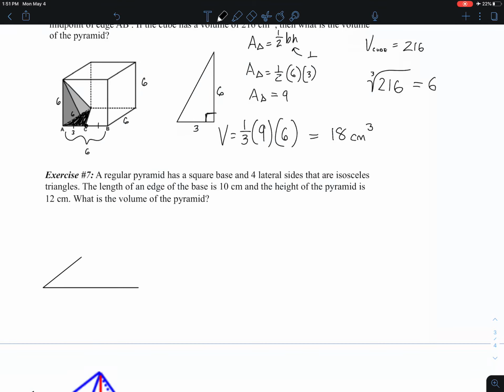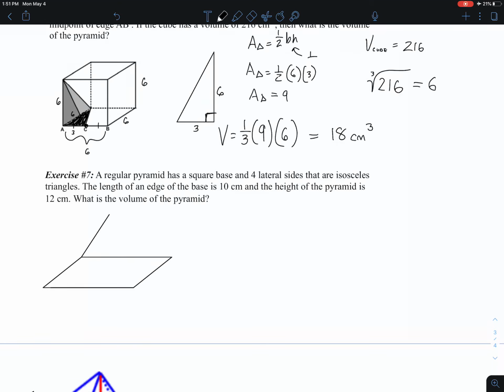So we have a square base. So I'm going to use my little method here of making a perfect little square base there. And it's got 4 lateral sides that are isosceles triangles, which makes sense.